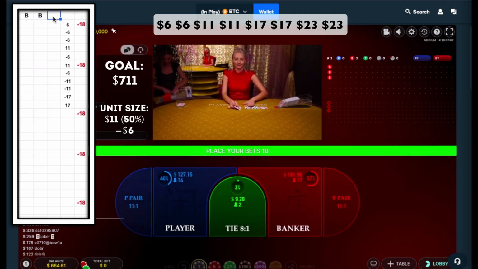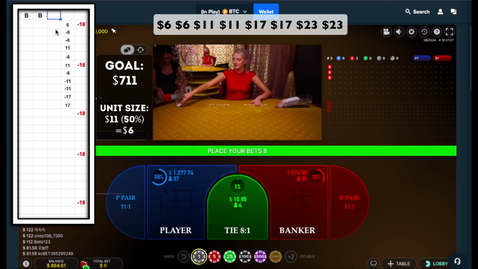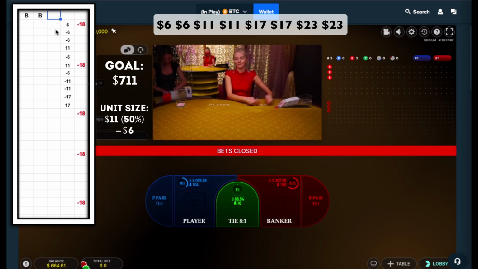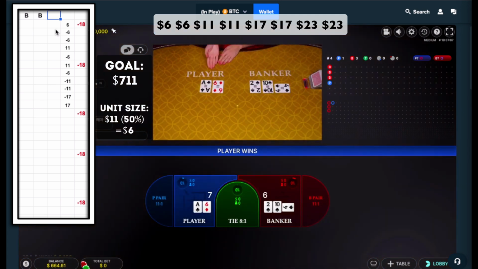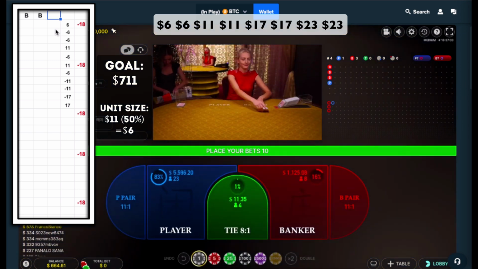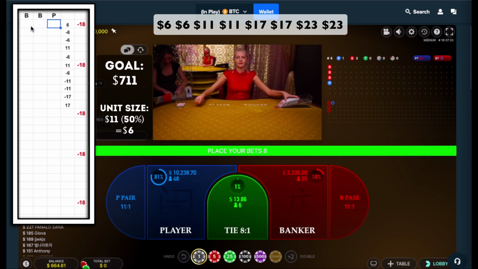We need at least one player in our 3 pattern, so I'm going to wait here and take the last 3 results instead of the first 3. Okay, we get a player, so last 3 results are banker, banker, player. That is our 3 pattern. Let's take a free hand here, and then we'll place a $17 bet.